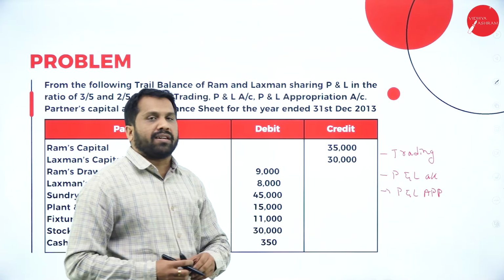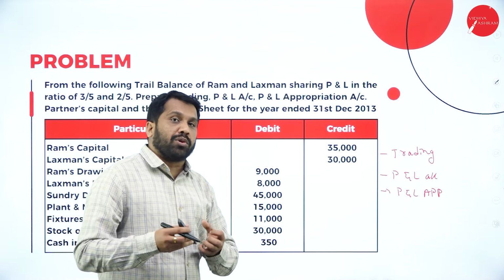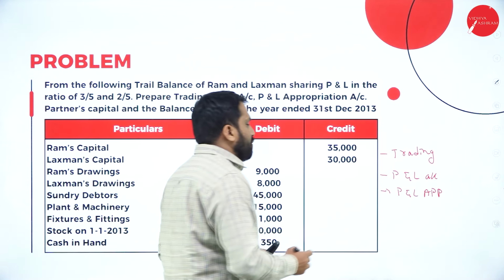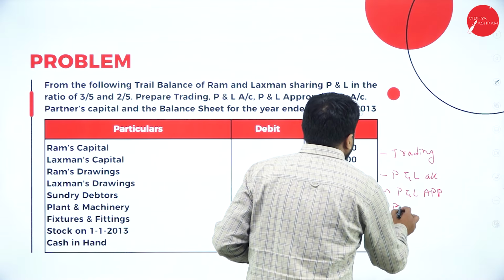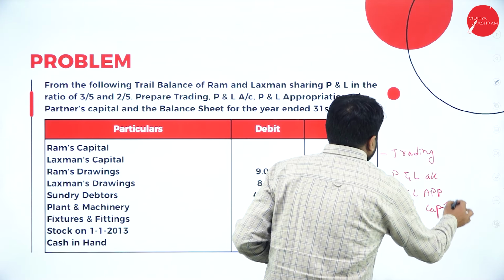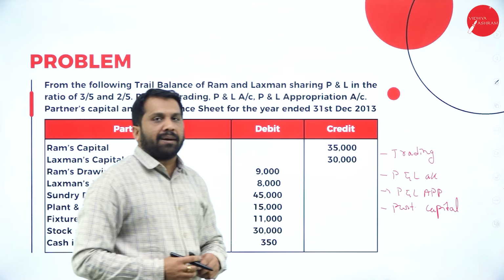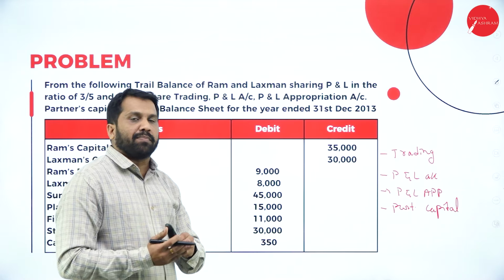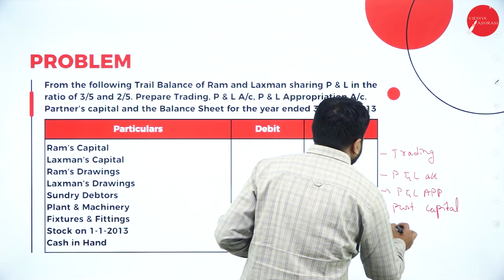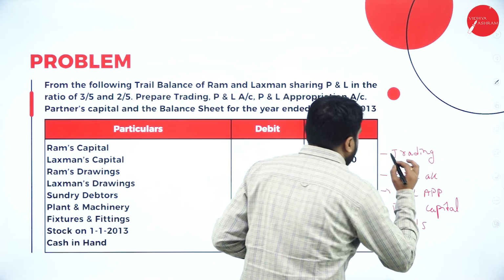Once you're done with P&L appropriation, we should know the individual partner's balance. For that we prepare the partner's capital account. Once you are done with partner's capital, the last account is the balance sheet.